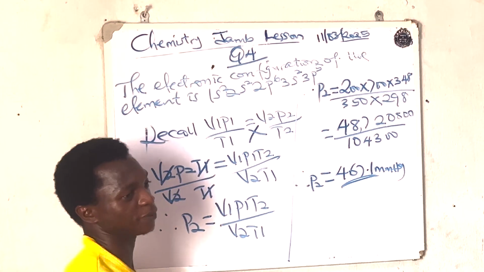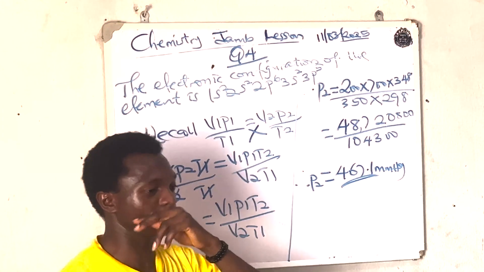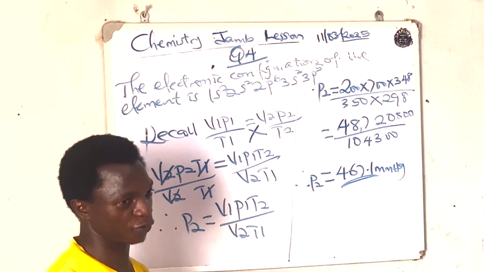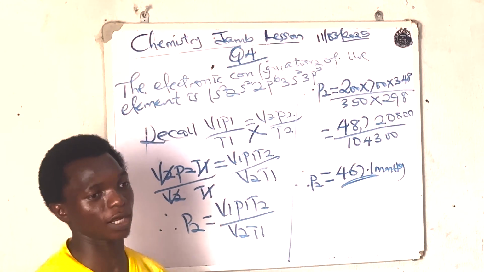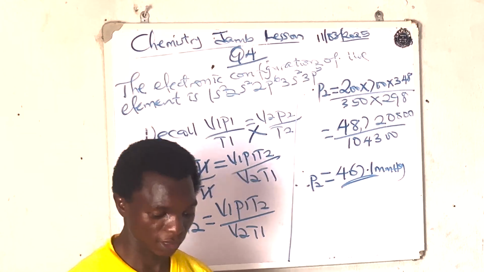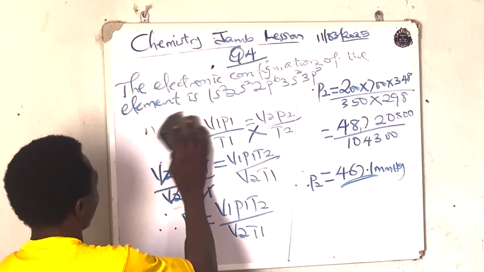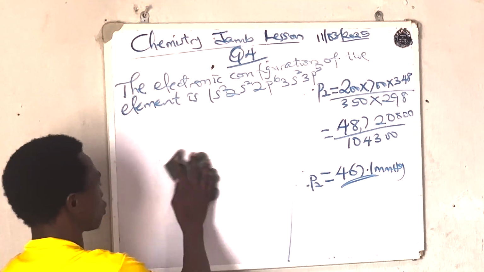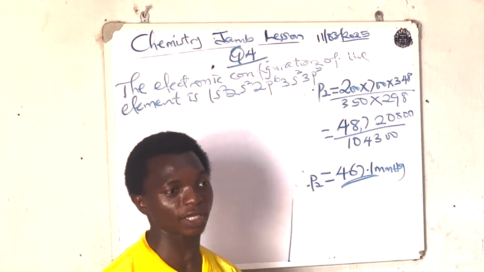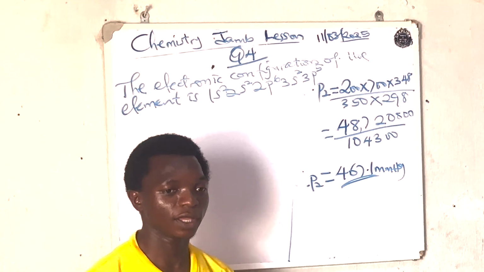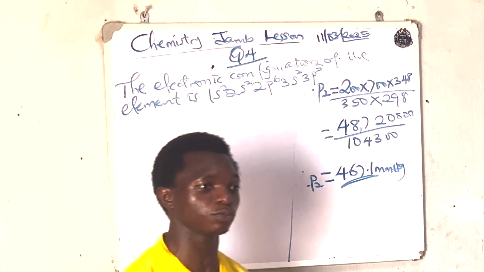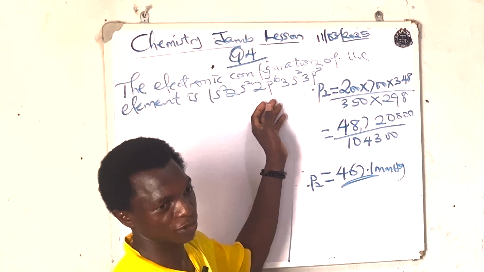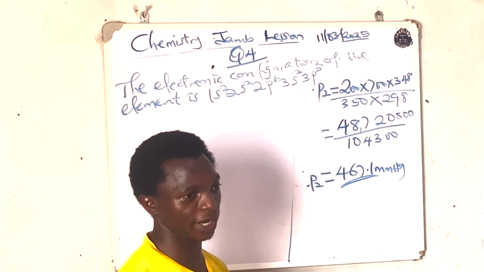Okay, the next thing I want to take is question number 4. The question said that the element will likely undergo what type of bonding or chemical combination. Now, before we are able to know the type of bonding such an element will likely undergo, first and foremost, we need to know what element exhibits such an electronic configuration, right?